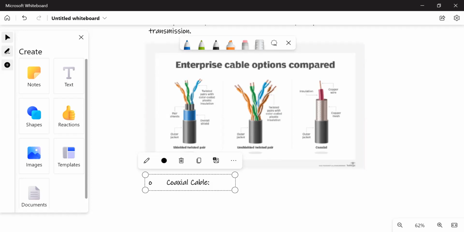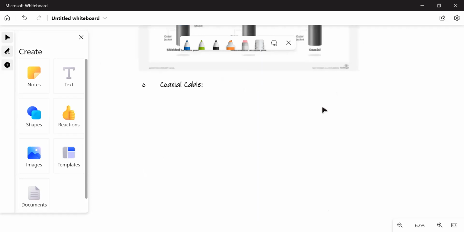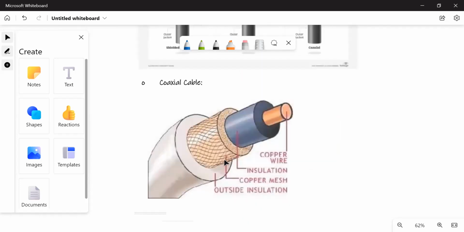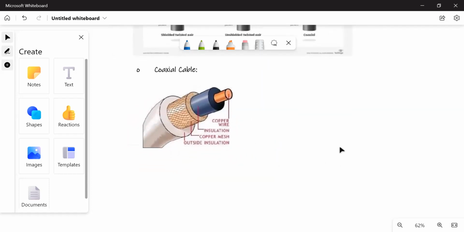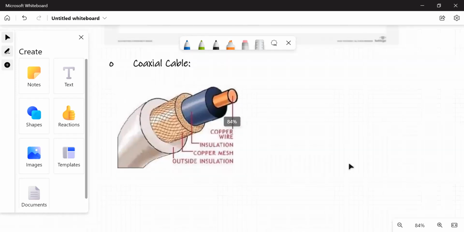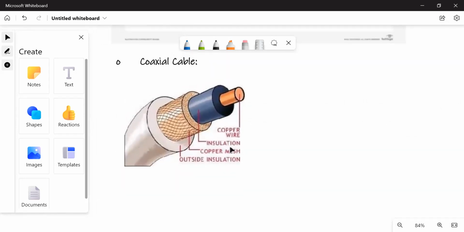Maybe we'll draw a small figure, coaxial cable. Let's write coaxial cable, and then let's draw this figure, because this will give you an idea of how this works.